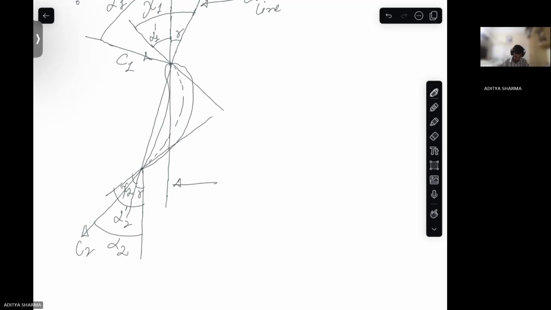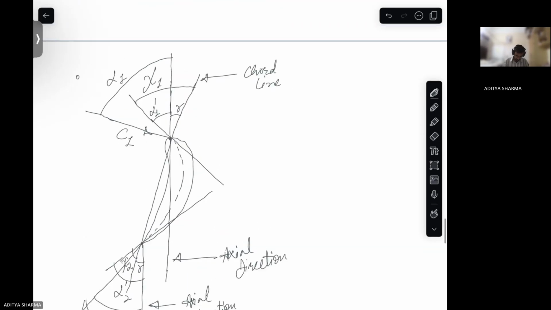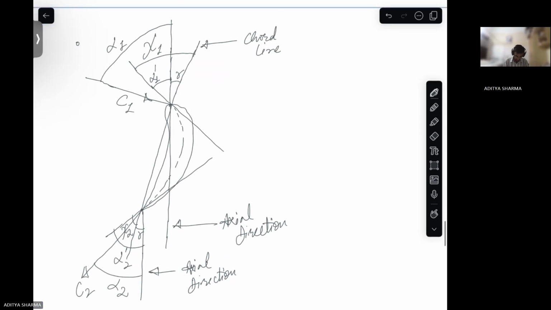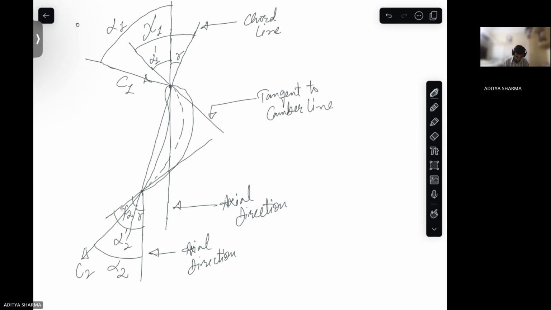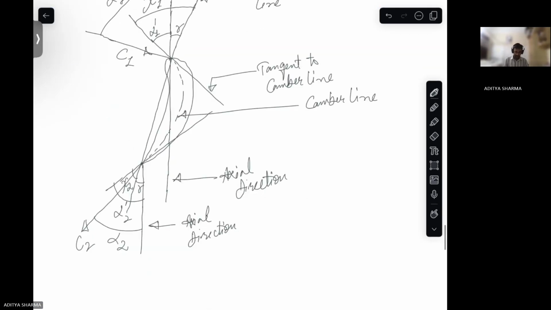This is the axial direction. This is tangent to the angle.